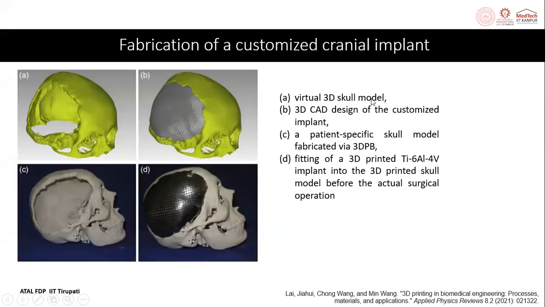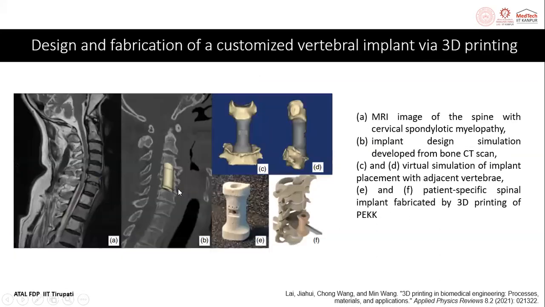First the virtual 3D skull model is done. Then the 3D CAD design for the customized implant. You see, maybe because of cancer, this part is gone. Now this is removed, and they try to make a patch, right? Then this patch, they try to keep the patch and see the 3D design for the customized implant. Then the patient-specific skull model is fabricated, and after that, the fitting of the patch is done by metal printing.